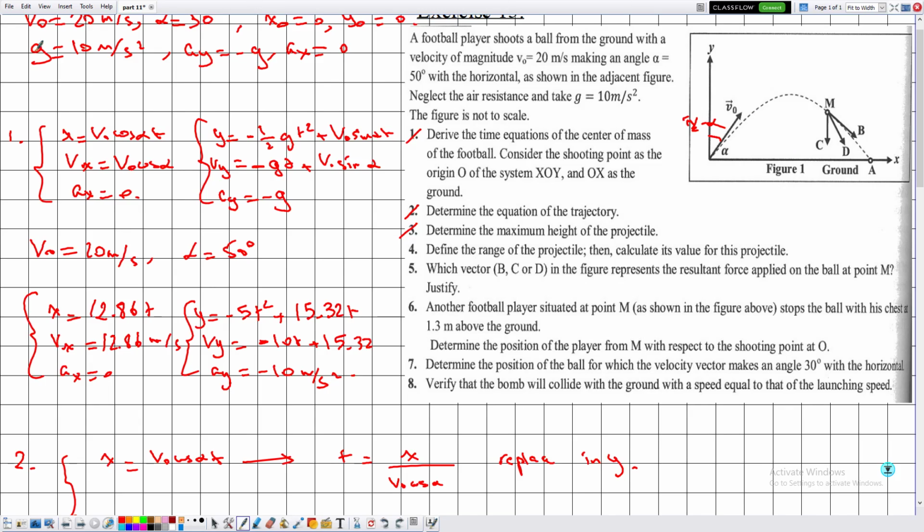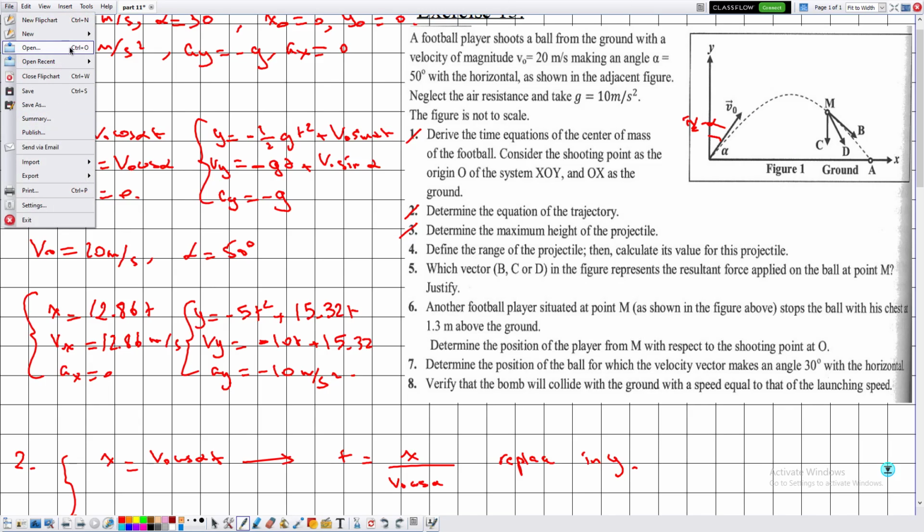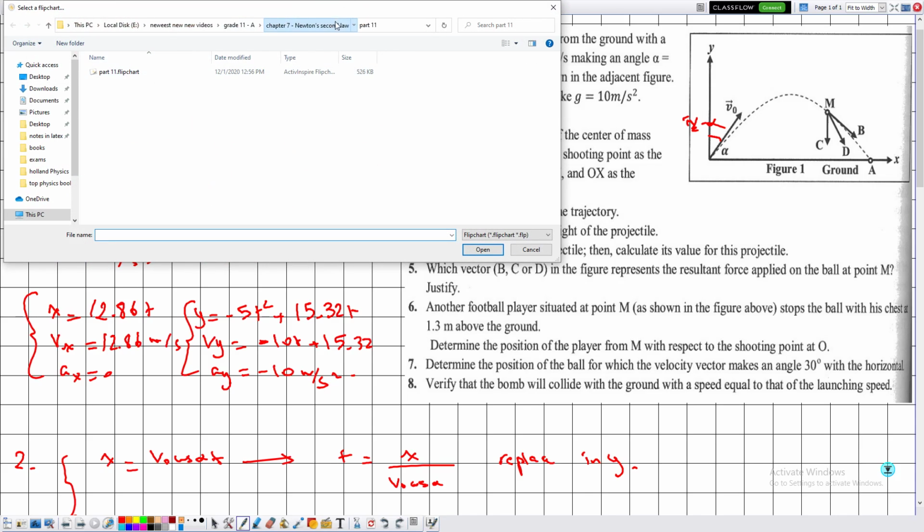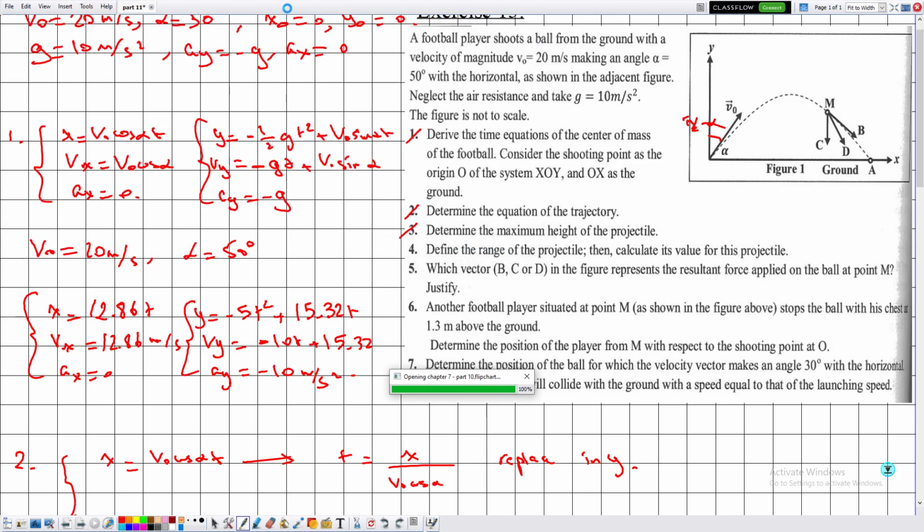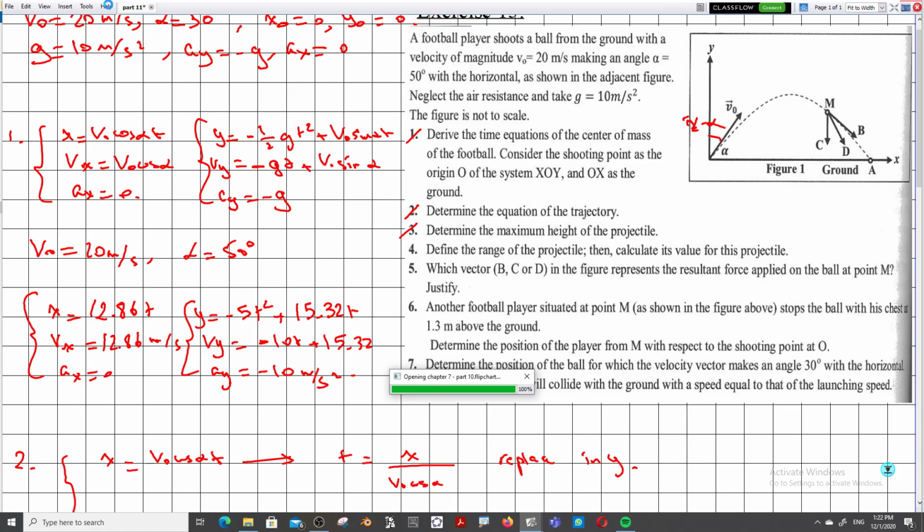So let me open the definition. Let me open the flip chart that contains the definition.